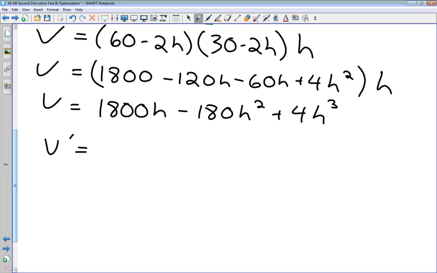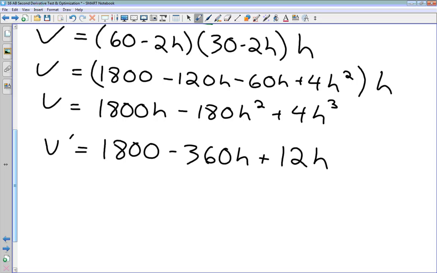Now we're ready to take our derivative. So the derivative of our volume function with respect to h is going to be 1800 minus 360h plus 12h squared. And this we want to set equal to 0.